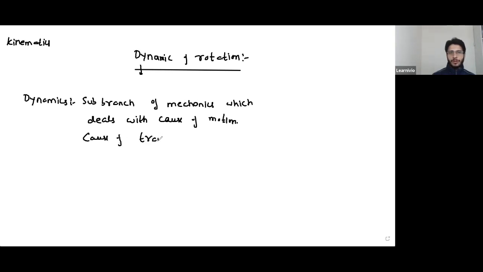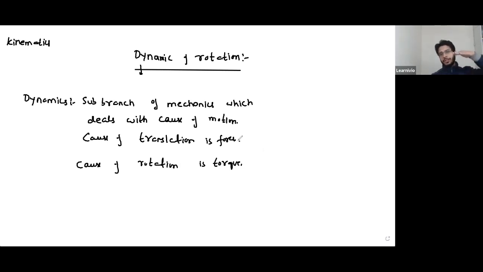Cause of translation, straight line motion, is force. But if a body is rotating, then the cause is not force. The cause is torque. Cause of rotation is torque. So in laws of motion, we studied the straight line motion of a body, so we studied force there. But now we have to study the cause of the rotation, why the body rotates. And the cause of rotation is torque. We'll start with torque.